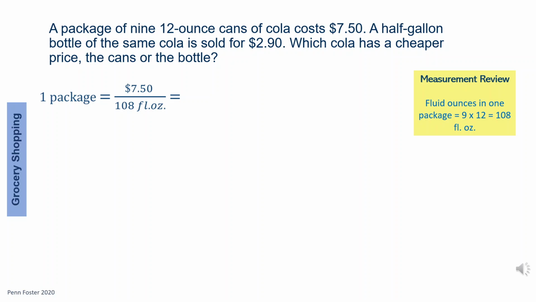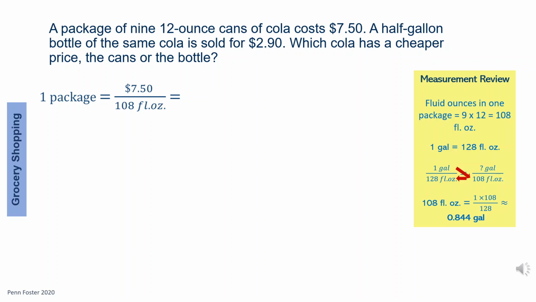Next, convert 108 fluid ounces to gallons. We know that 1 gallon contains 128 fluid ounces. Set up the proportion as shown. Solve by cross multiplication, then divide the product by 128. There are approximately 0.844 gallons in one package.